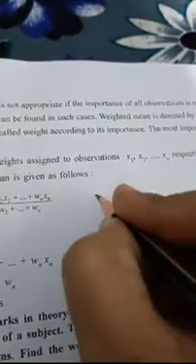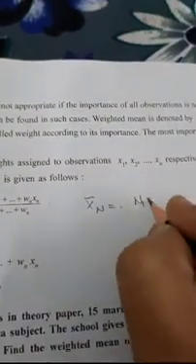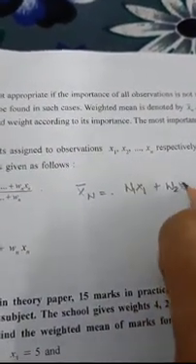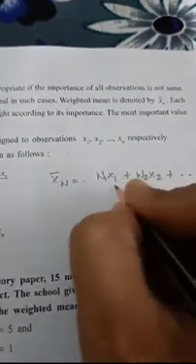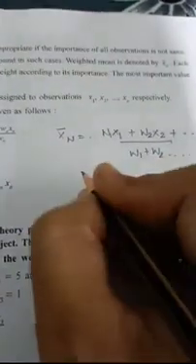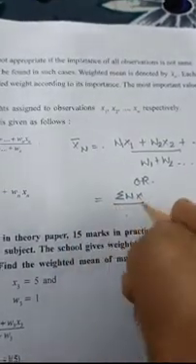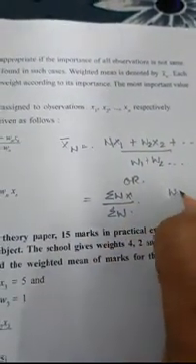In two forms we can write the formula: x bar w equals w1 into x1 plus w2 into x2 and so on, divided by w1 plus w2 and so on. Or in the second form, sigma wx divided by sigma w. Here wx means w multiplied by x. Sigma means total, divided by the total weight. So we have two formulas in the weighted method.